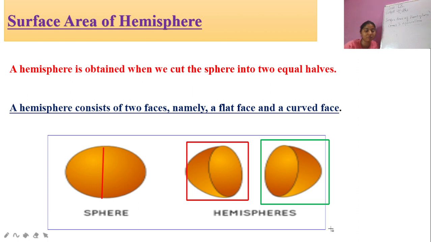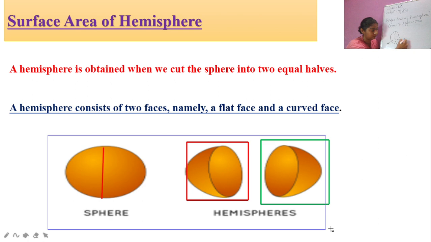A hemisphere consists of two faces, a flat face and a curved surface. The first is this surface and the second is this surface. This is a flat one, and this is a curved one, because we know that a sphere is a curved surface.